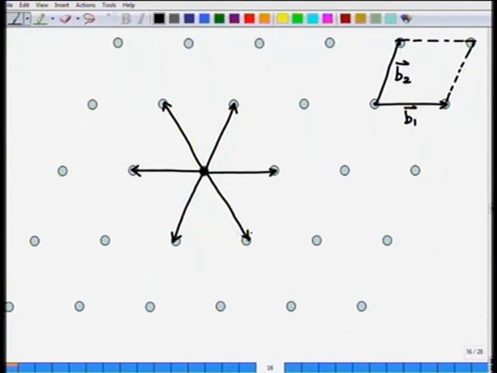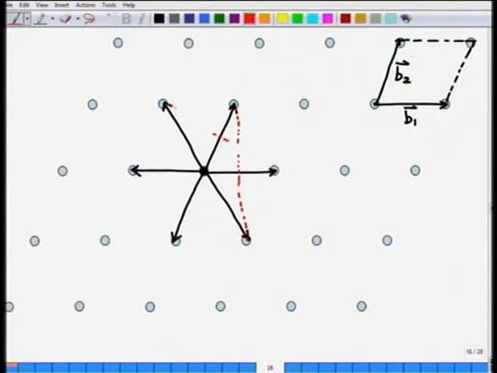Now if I draw perpendicular lines to it, here is the perpendicular bisector for this particular vector. For this particular vector, there is a perpendicular bisector going somewhere like this.